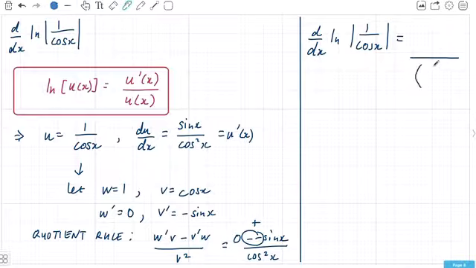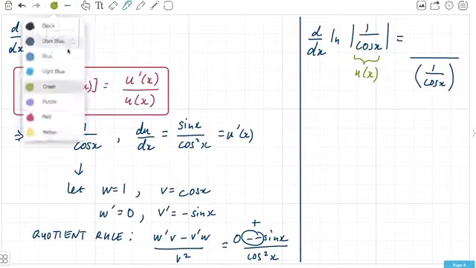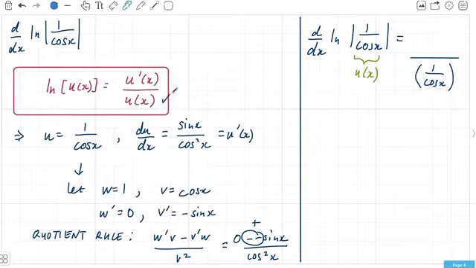So it's going to be what's in the bracket, 1 over cos x, that's the function. All of that function inside the bracket is the u. And then the derivative, u dash, we found was sine x over cos squared x.